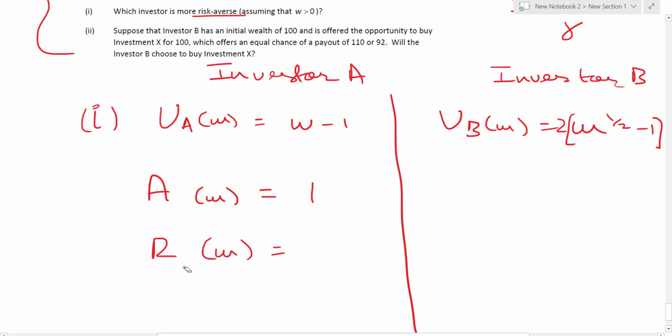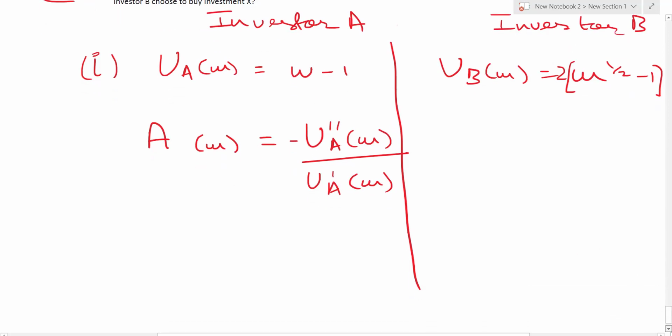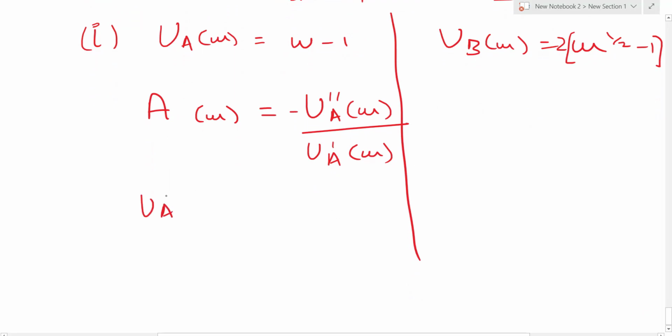And A of W will be equal to what? Sorry, this is wrong. It would be the negative of U double dash A W divided by U dash A W. This is what it would be. So if you take the first derivative, U dash A W, what would it be? 1.